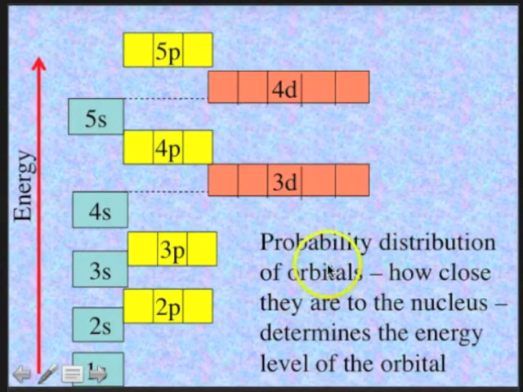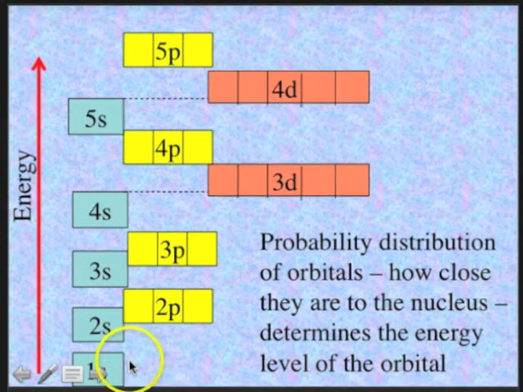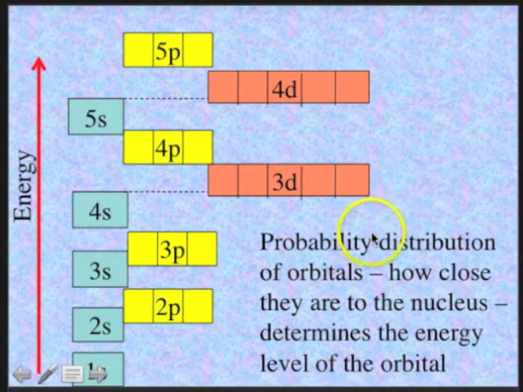Probability distribution of orbitals shows how close they are to the nucleus and determines the energy level of the orbital. So we can map the energy level of orbitals using these probability distributions. The 1s is first and of the lowest energy. The next is 2s, and the next orbital is the 2p.